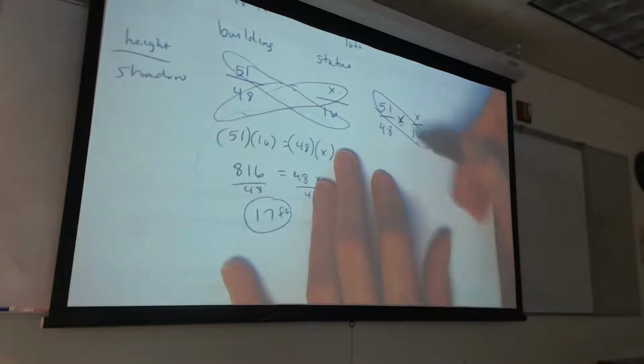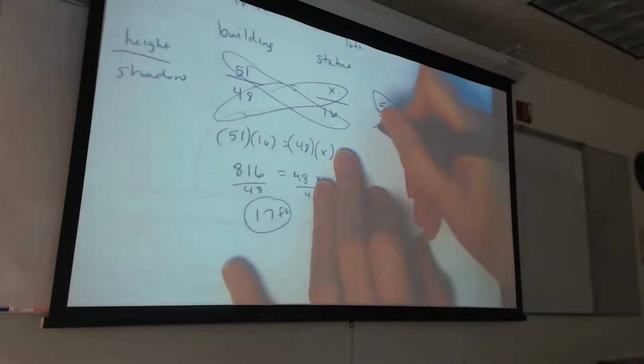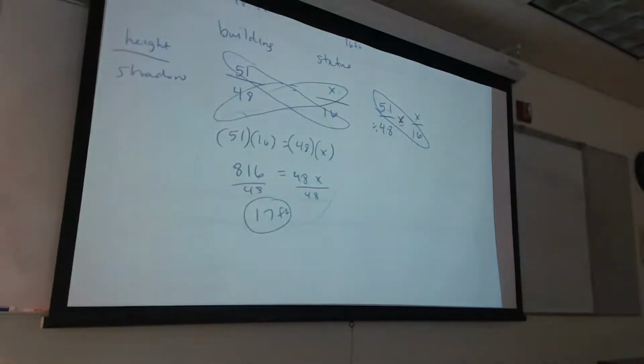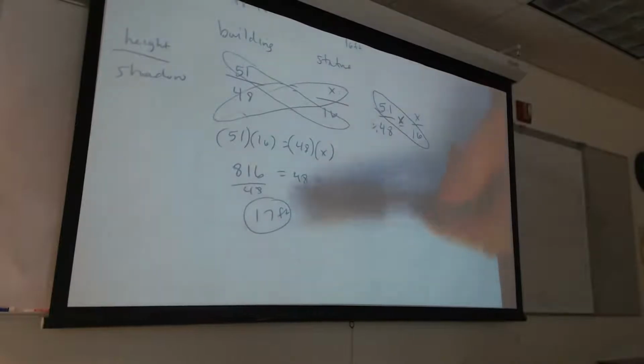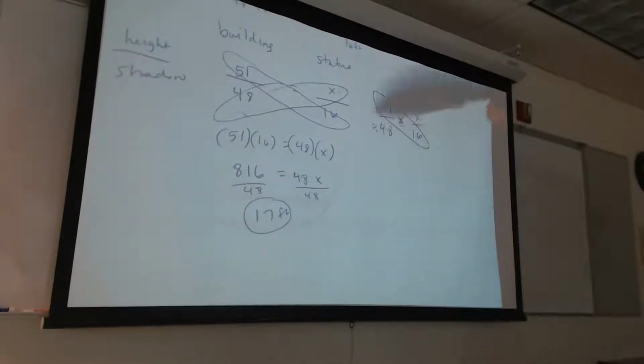Multiply the 2 that are diagonal from each other and divide by the 3rd. So 51 times 16 divided by 48, and you're going to get the answer. You don't have to write out all of this work if you remember this shortcut.